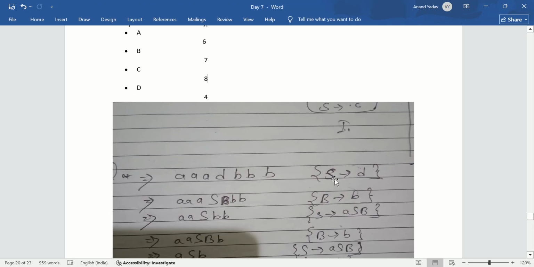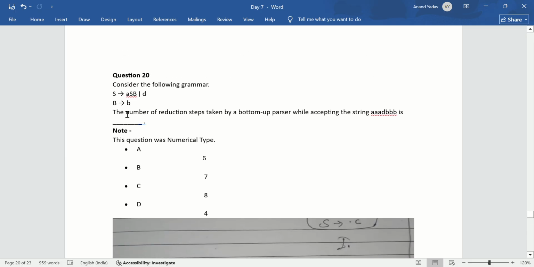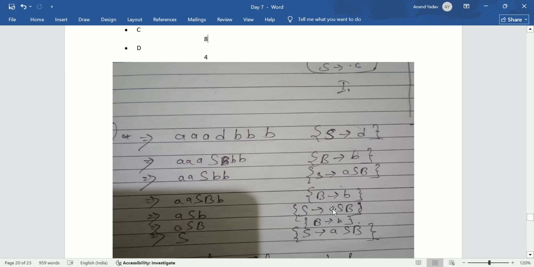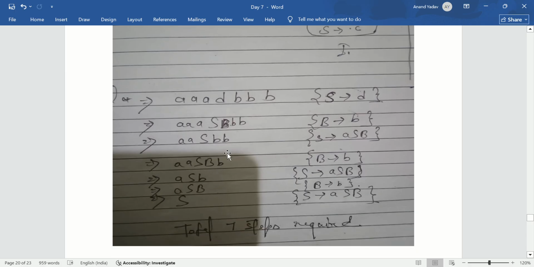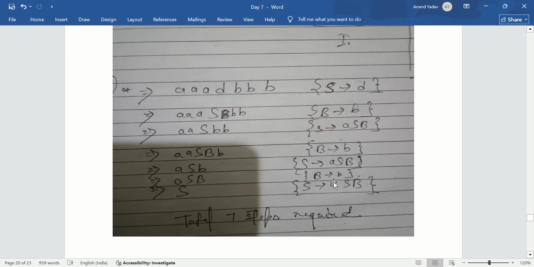So first reduce, and then B production B is used for B production. So second reduce, I will get ASB, and then ASB is taken as S. So it is the third reduction, S through this production, and then again B production B. So we will again reduce, and in this way I will get the starting symbol.